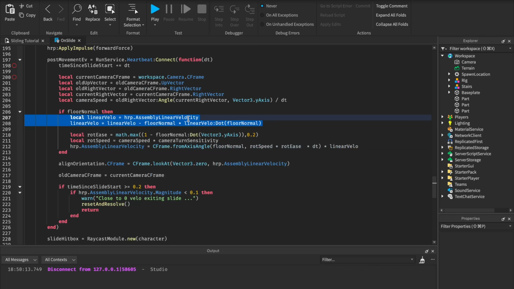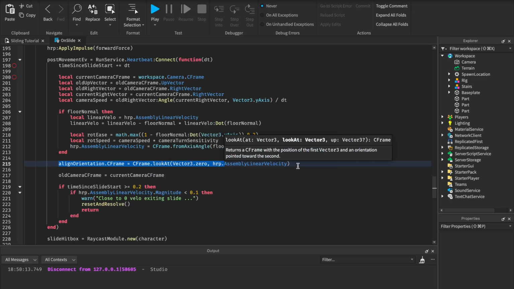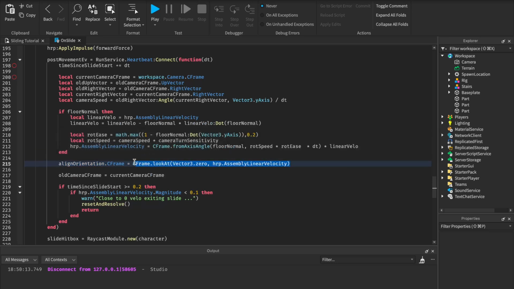So we take the original direction vector that the character was going to move in, and then we rotate it using this C-frame about the floor normal. And here's our line orientation, same as the previous tutorial. We always align the character to the direction that he is moving.